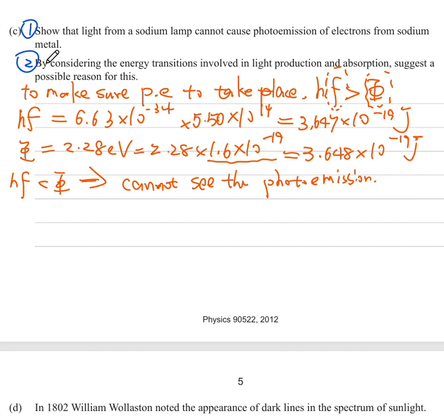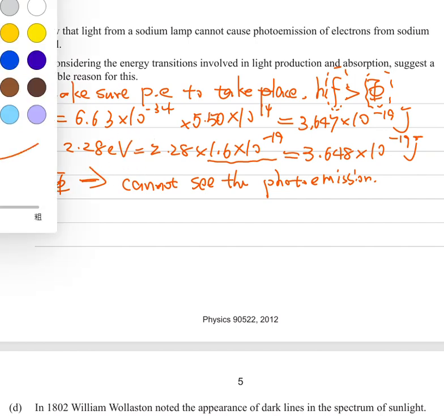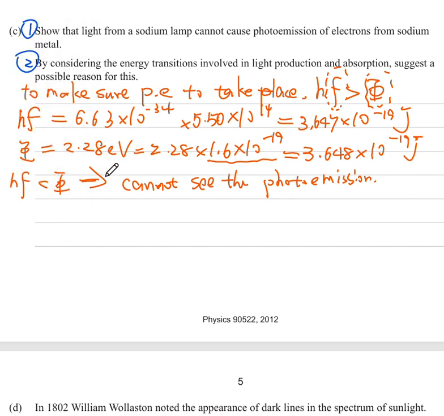Then it asks us, by considering the energy transitions involved in light production and absorption, to suggest a possible reason for this. I think this part, part 2, is about the Bohr atom model. By the end of that unit, you should be able to explain this, but we'll do a quick explanation here. We have the sodium lamp, and it can shoot out photons.